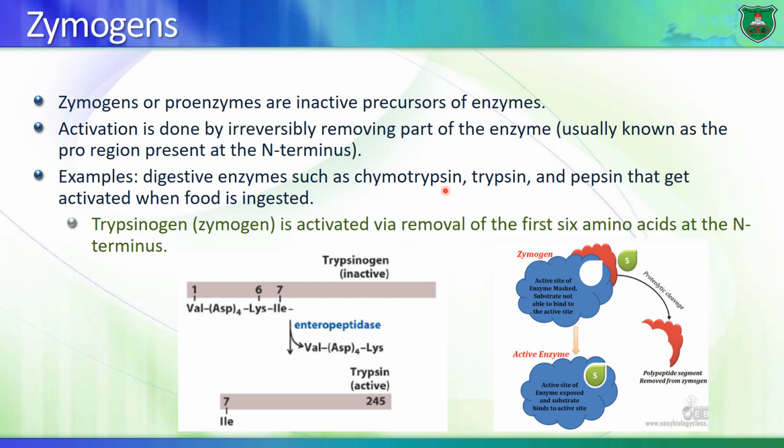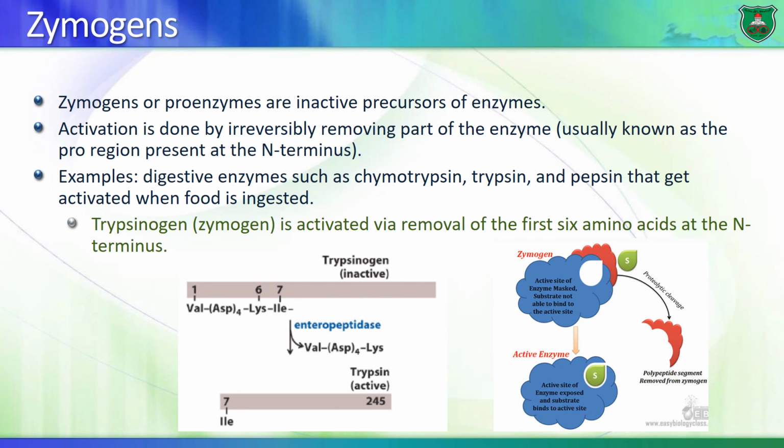Some enzymes like elastase are also produced as zymogens, and elastase is known as proelastase, meaning that it's a zymogen that requires activation. When chymotrypsinogen gets activated, it becomes chymotrypsin, the active form of the enzyme. Elastase is the active form as well. Proelastase means that it is in the zymogen form, the precursor form.